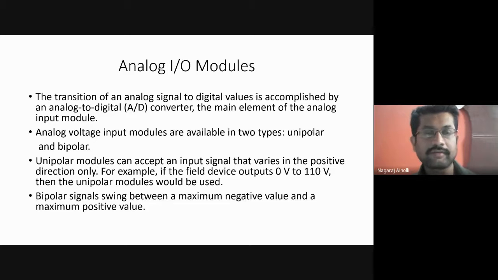Whereas bipolar analog modules are used to measure both directions, that is negative voltages and positive voltages, say from minus 10 volts to plus 10 volts, or from minus 15 volts to plus 15 volts. These are called bipolar analog input modules, for measuring voltages in both directions, both negative as well as positive.